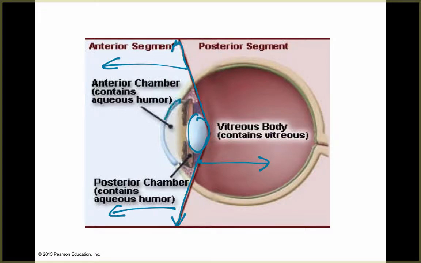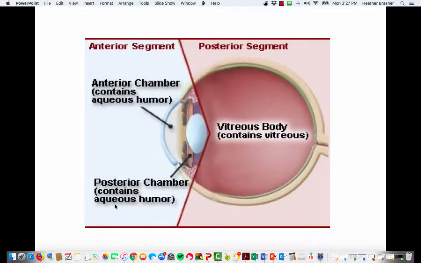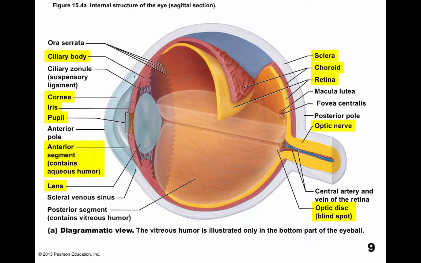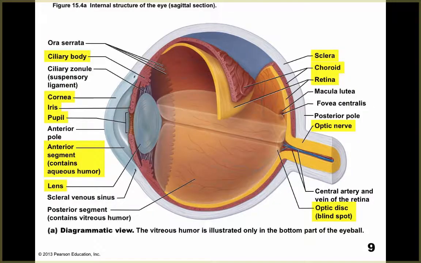So the aqueous humor is up here in this basically interior chamber. And then once you get behind the lens in the posterior part, you're looking at the vitreous humor. That's how you determine the front from the back. So let's look at some of these areas really quick.